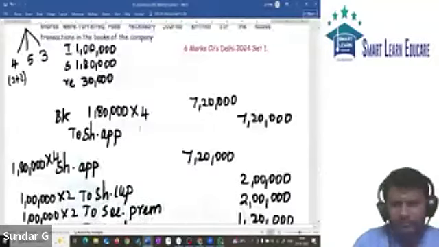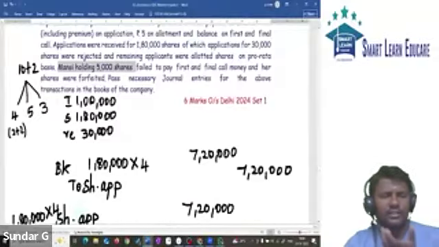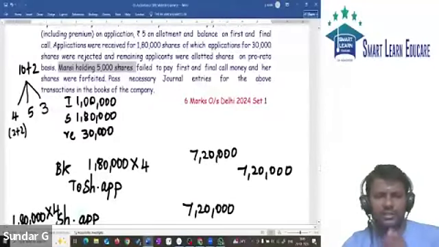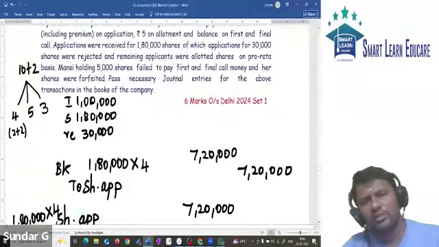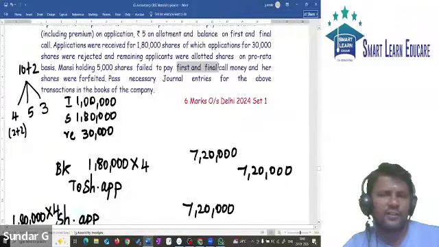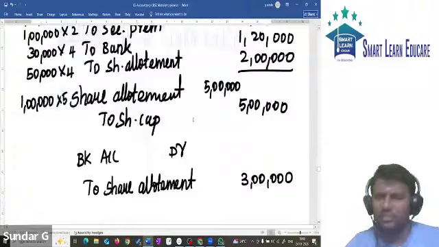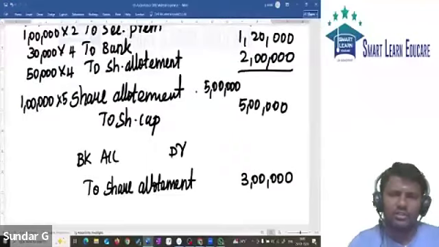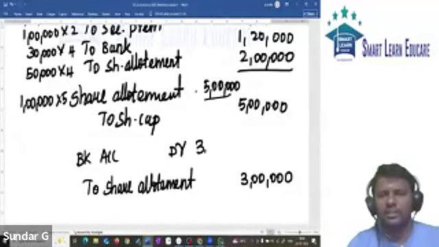What is the default? One person has not paid the money. Mansi holding, meaning how many shares is she allotted? 5,000 shares. On these 5,000 shares she failed to pay the first and final call. So what is received? Allotment is received. What is the amount received on allotment? 5 lakh minus 2 lakh, it is 3 lakh.